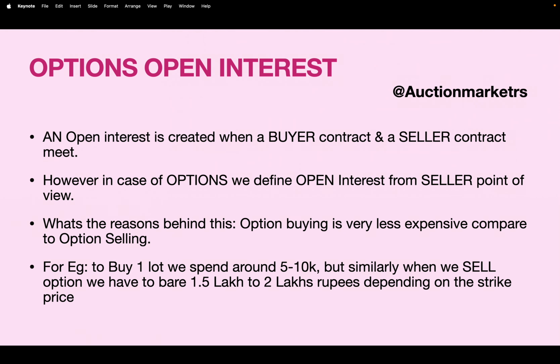You can buy one lot of any option of any strike, ATM or OTM, within 5 to 10K, depending on the strike and the price at that time. But when we want to sell that option, why do we have to pay in lakhs, 1.5 lakhs or 2 lakhs for a single lot? Just take an example.